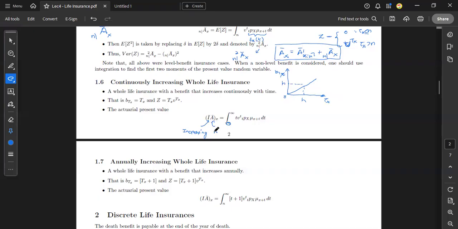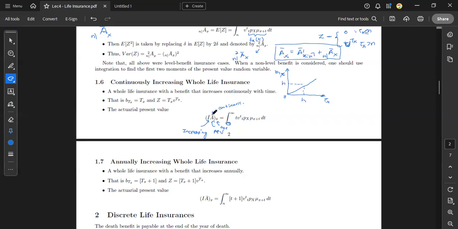This is the actuarial present value at age x, and it says whole life because we don't have any kind of term indicators in here. And we have the bar for continuous. So that is a precise notation which indicates different status.